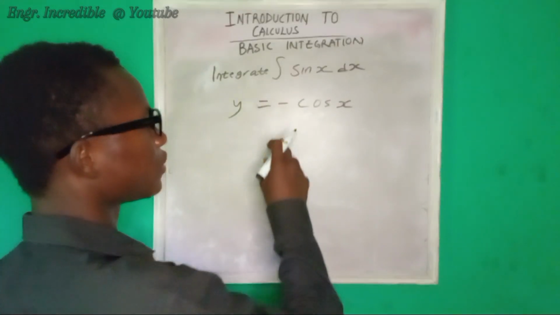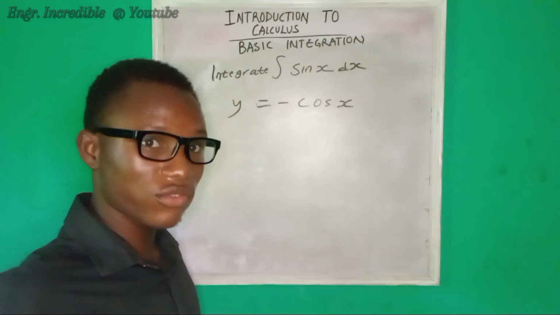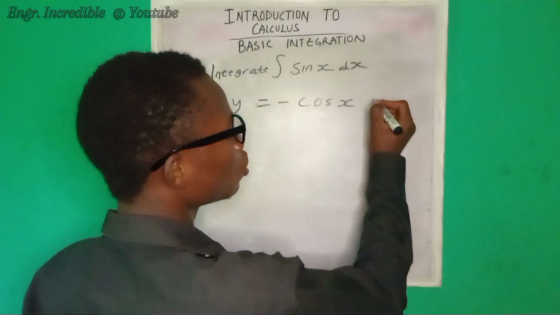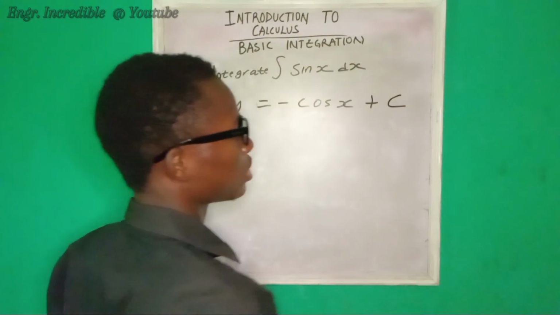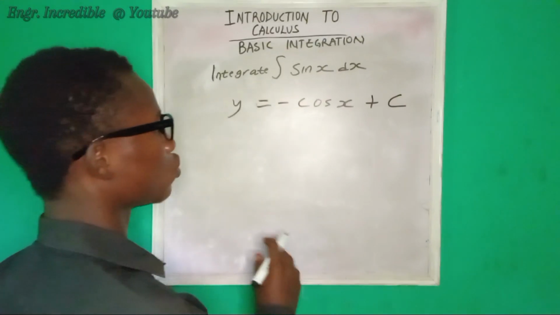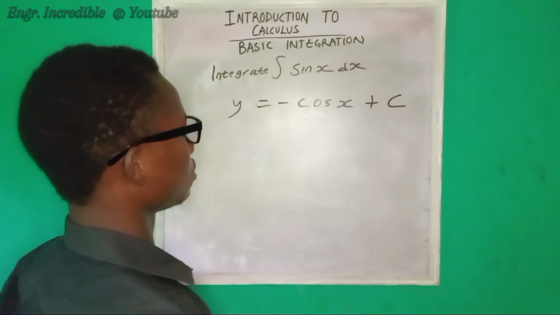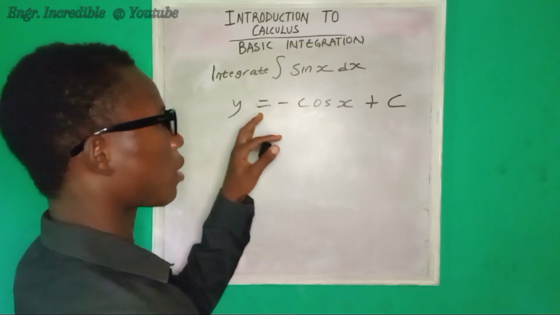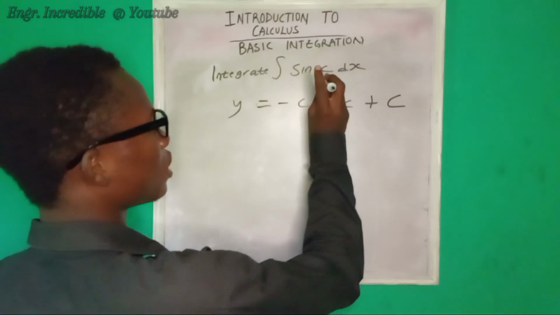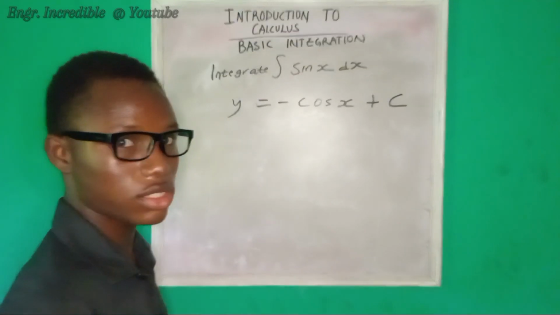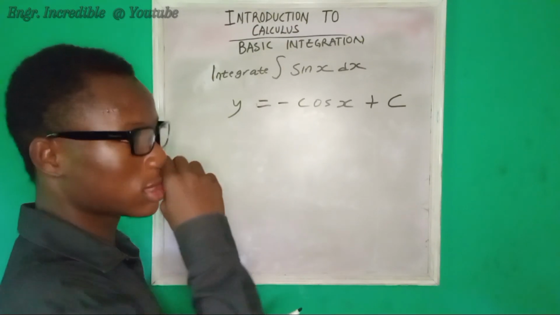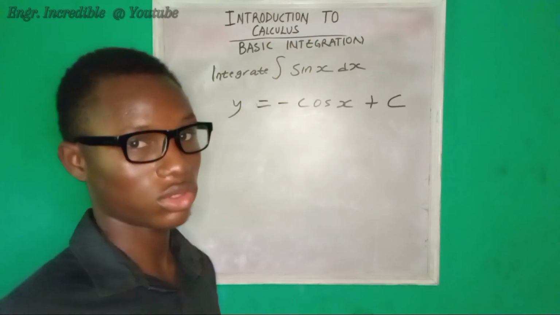Don't forget that whenever you are integrating, always put your plus c at the back. Let's not forget. When you differentiate this back, minus cos x, you are going to eventually get sin x. So that is integration. Integration is like the inverse of differentiation. So that is it.